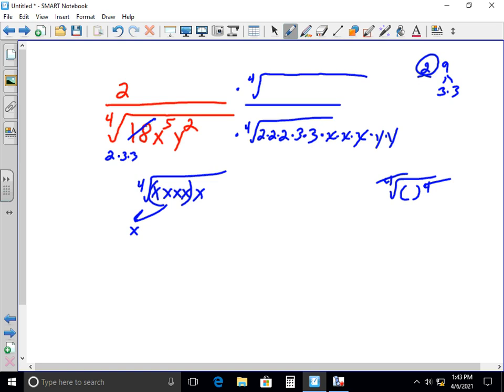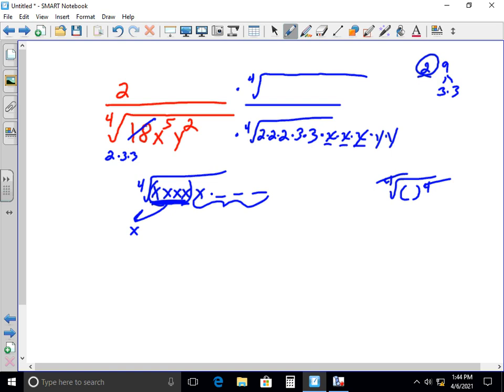We're wanting to build until we get everything part of a full group. So if we've got 5, we have 1 full group that we can take out, but then we have another one, and we're trying to get everything out from under the radical. So if we got 1, it needs 3 buddies.